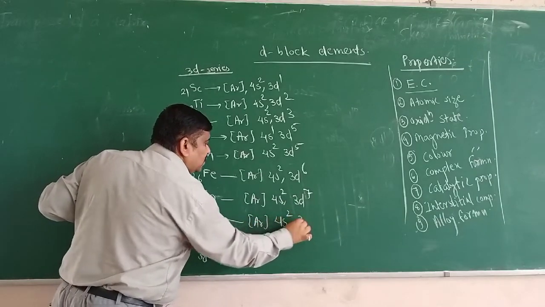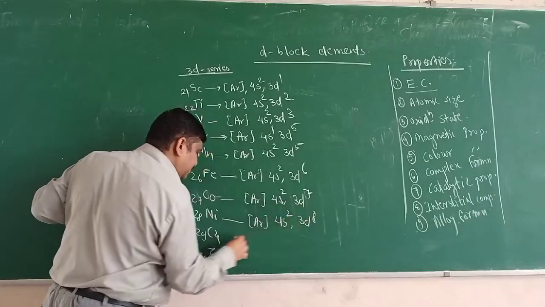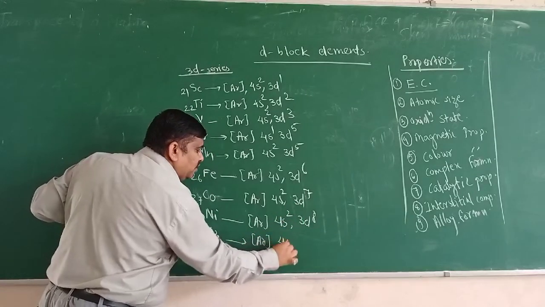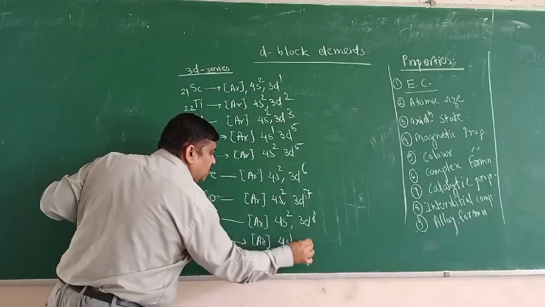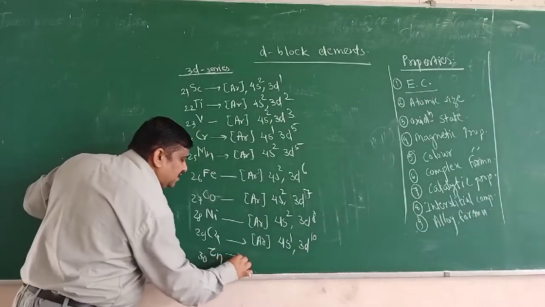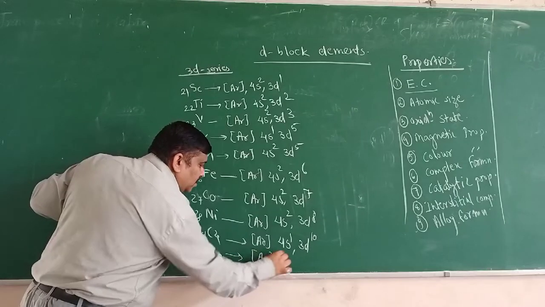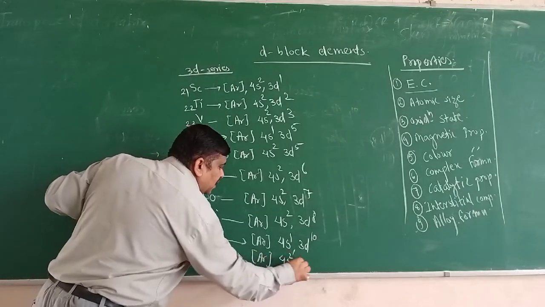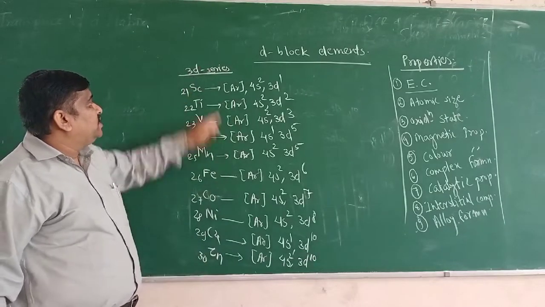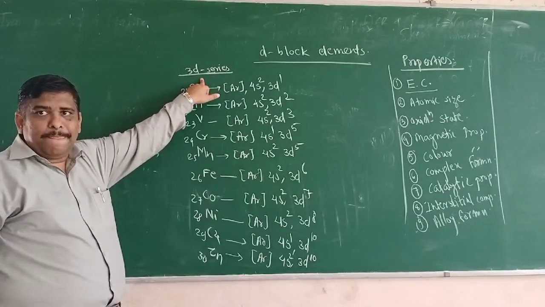Nickel is argon 4s2, 3d8. Copper is also exceptional: instead of 4s2 it gets 4s1, and instead of 3d9 it gets 3d10. And the last one, zinc, is argon 4s2, 3d10. This is the electronic configuration of the 3d series elements.